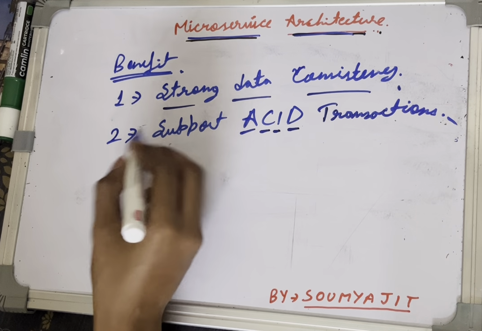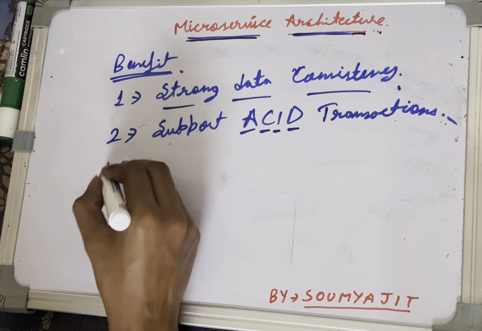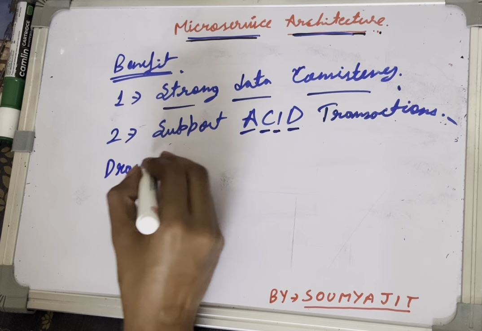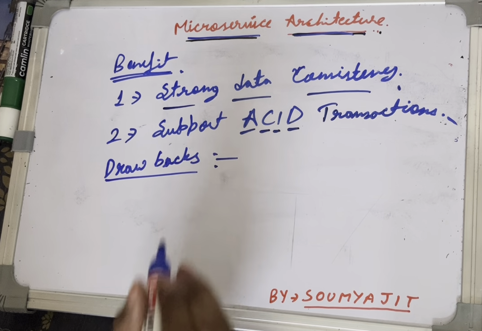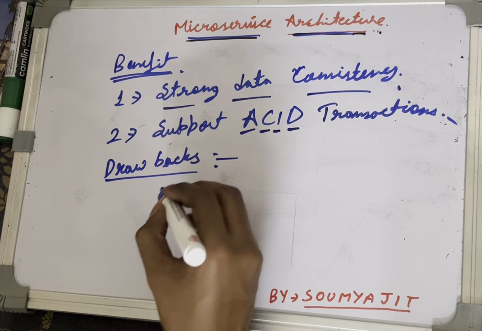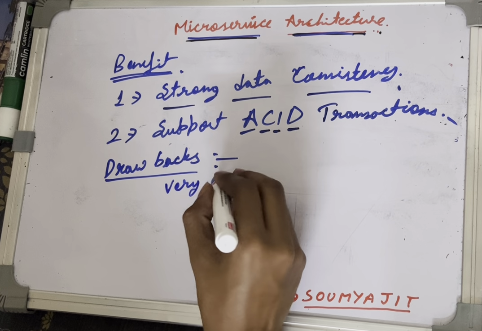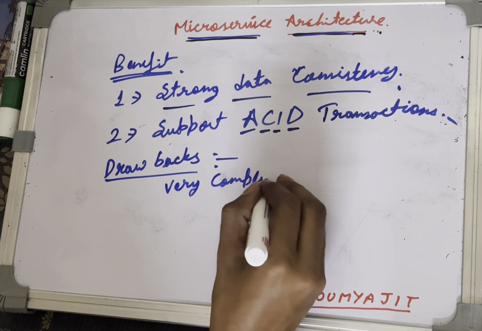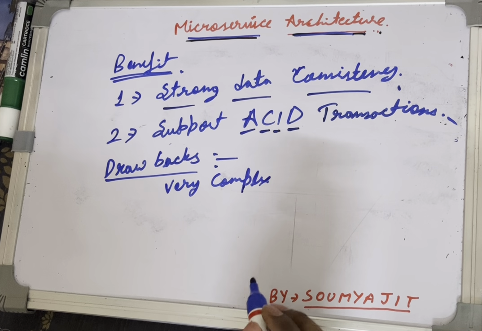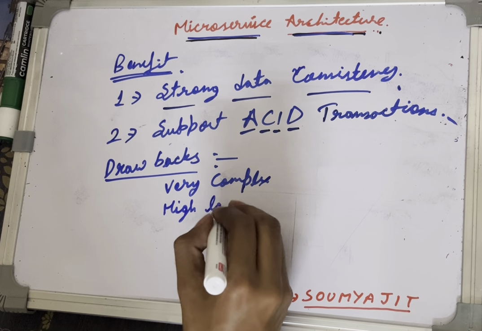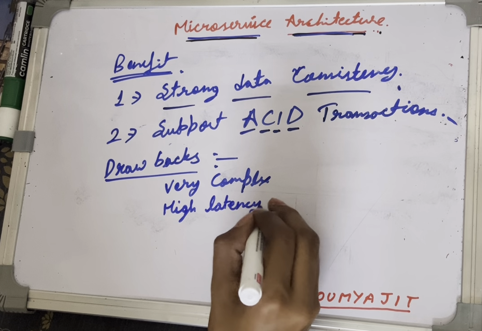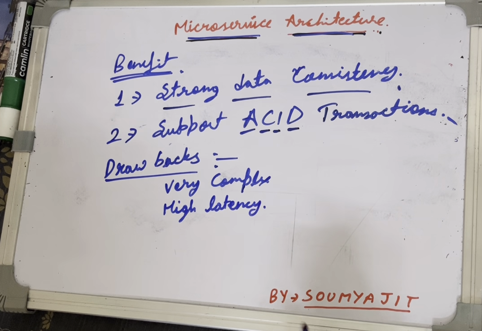And after that, it also has some drawbacks. Okay, first drawback, think what will it be. It is very complex. First of all, very complex, right? And secondly, it has high latency.